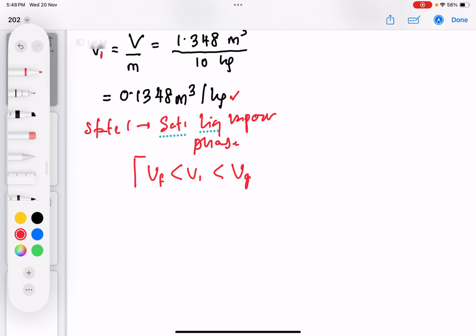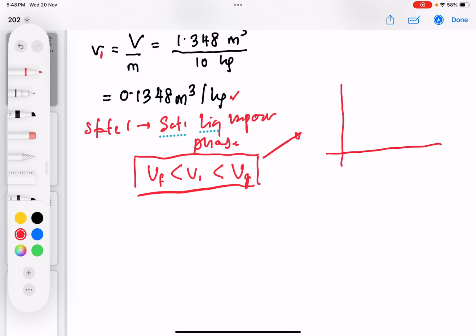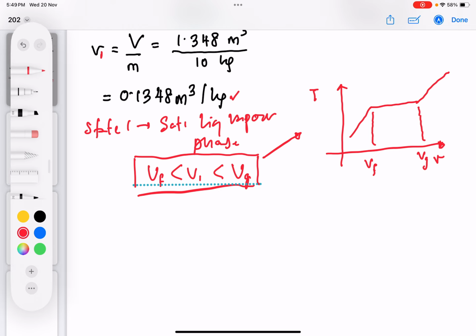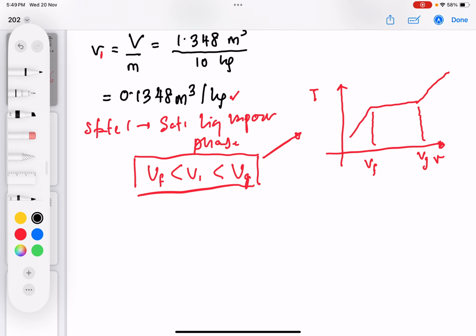How can I come to this conclusion? You have to refer back to my previous video, because if you still remember, if I draw temperature versus specific volume, I get something like this. So this is my vf, and this is my vg. If my value of v is somewhere around here, then most probably my state 1 is located somewhere between these 2 points.